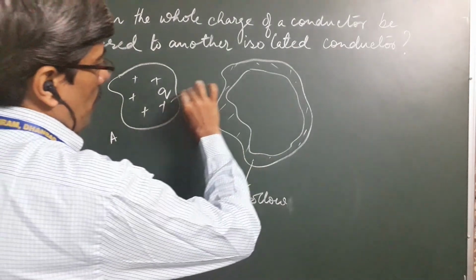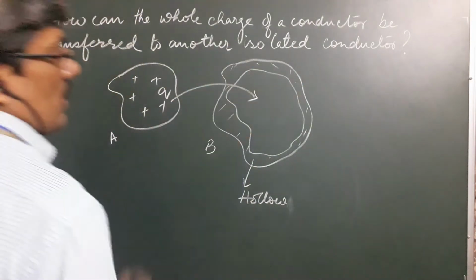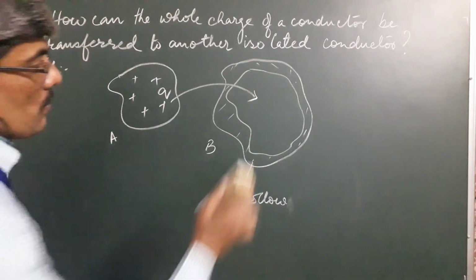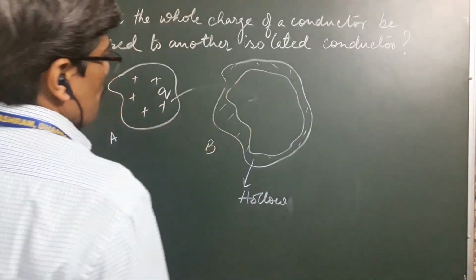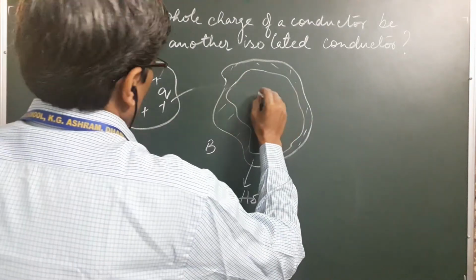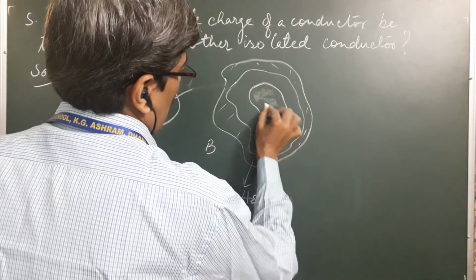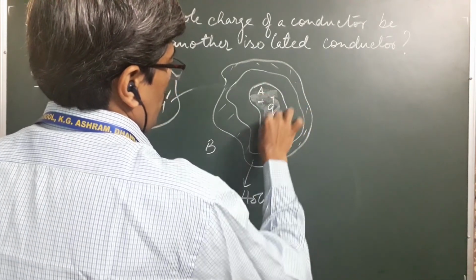Now you bring this conductor inside. As you bring this inside, the next stage: you have brought this conductor inside B with the charge of Q.